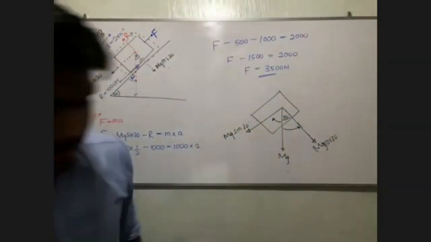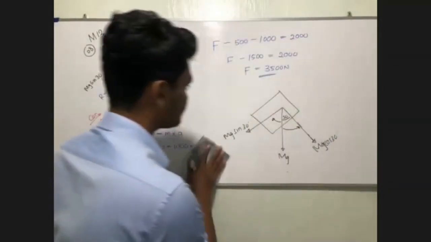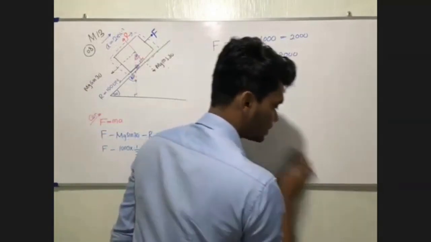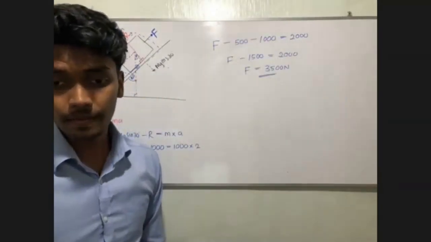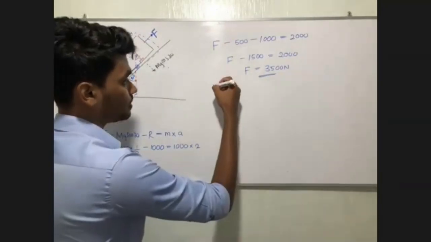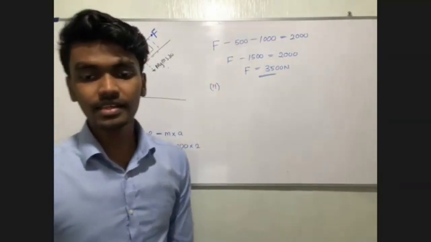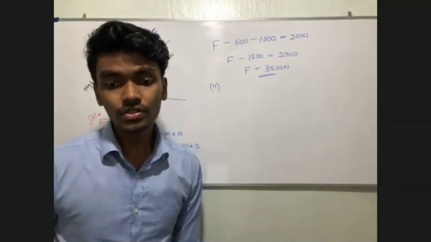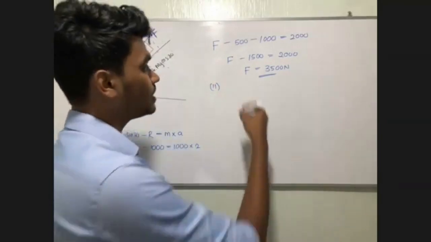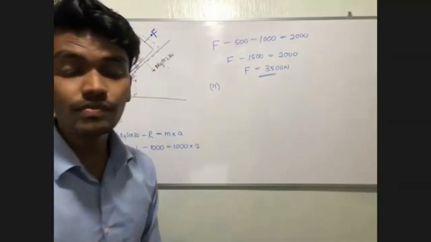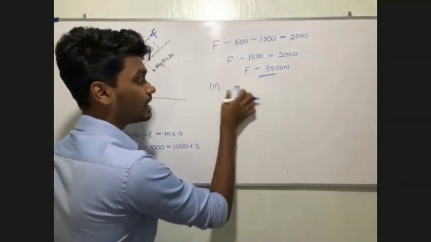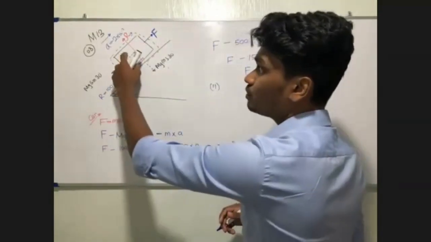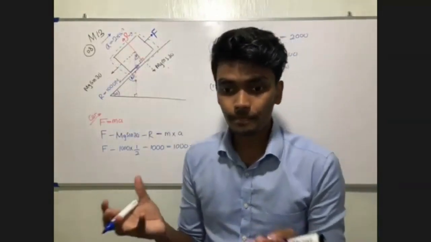And then next, they are asking in the B part. In the B part, they're saying the car is moving with a constant velocity of 15 meters per second. When the car is moving with a constant velocity, what happens?